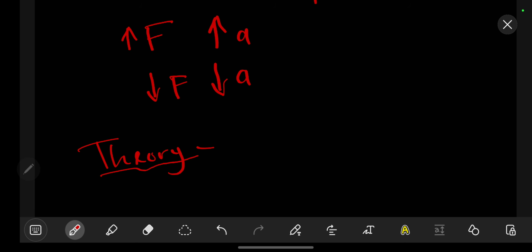A theory is defined as a unifying principle that explains the body of facts and or laws that are based on them. So what we simply mean by that is that a theory explains in such a way that it is a unifying principle of facts, meaning to say it is true.